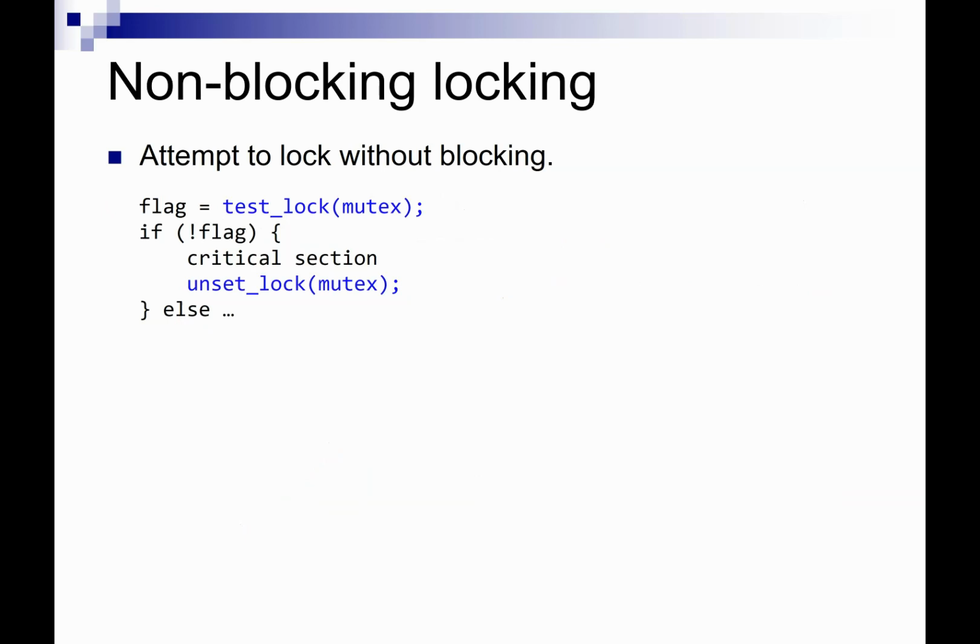Basically these primitives or functions try to get a lock, but if they fail to get the lock, then they're not going to block the thread. The thread can still go do something else.